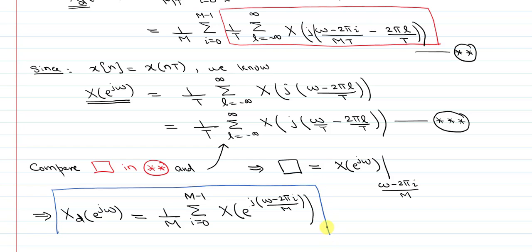This is the relationship between the DTFT of my downsampled signal and the DTFT of the signal that I started with.